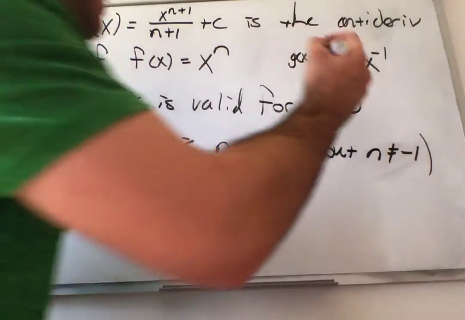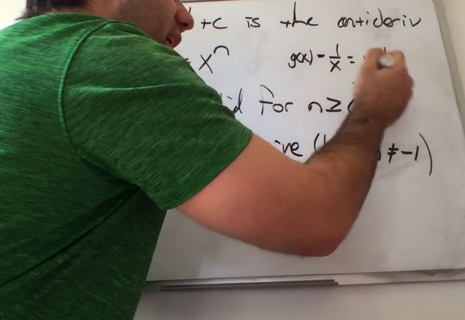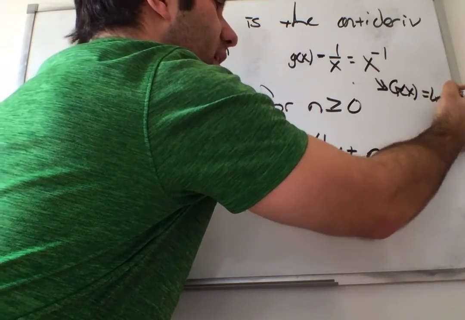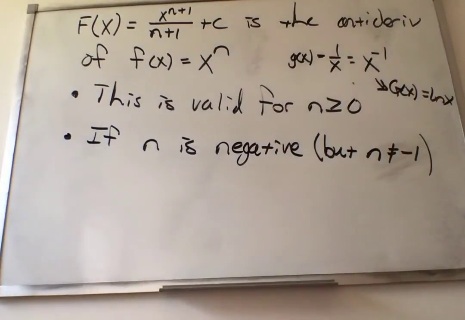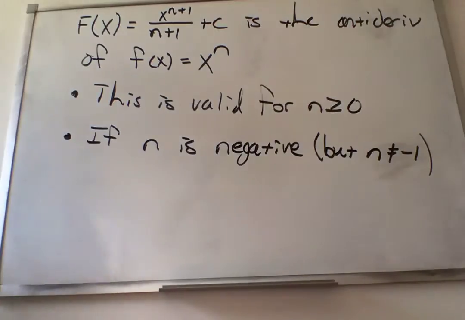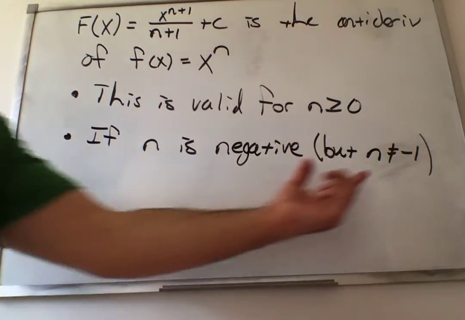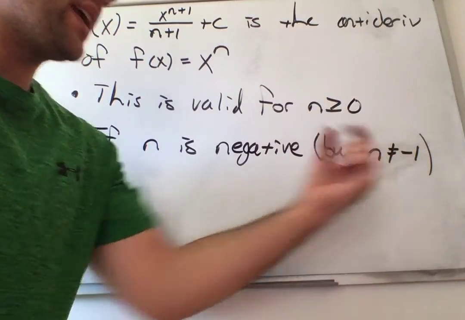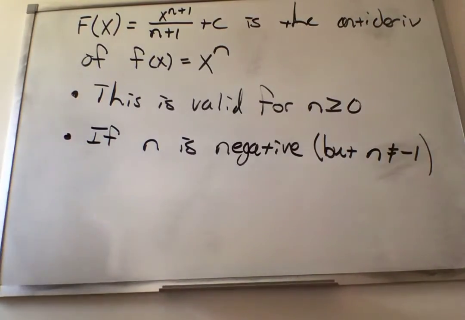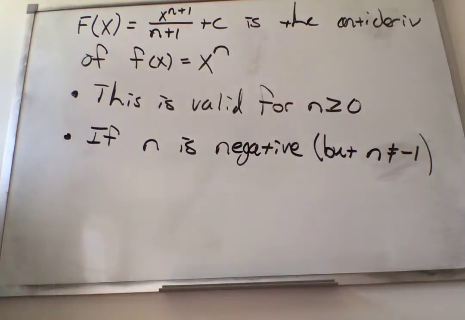And if you looked at my solutions, the antiderivative of this, big G of x, is ln of x. The antiderivative of 1 over x, or x to the -1st power, is ln of x. That's why this condition right here is there. So if n is negative, but n does not equal -1, if it does equal -1, the antiderivative is ln of x.